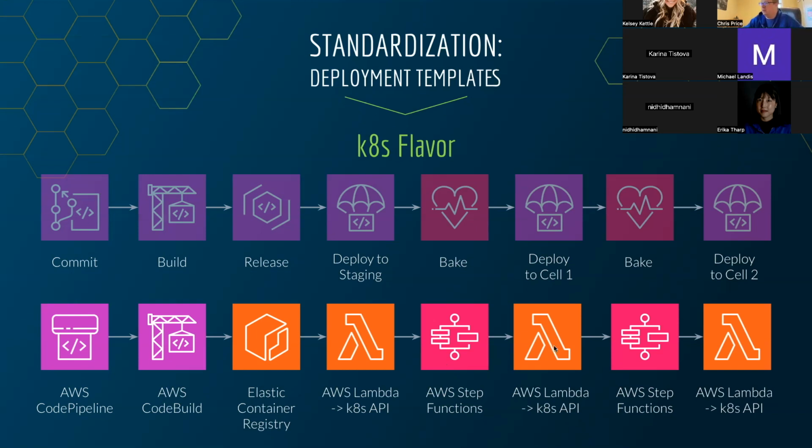And then we move on to using the same Kubernetes API calls via Lambda to deploy to the rest of the production cells. So this is a general idea.